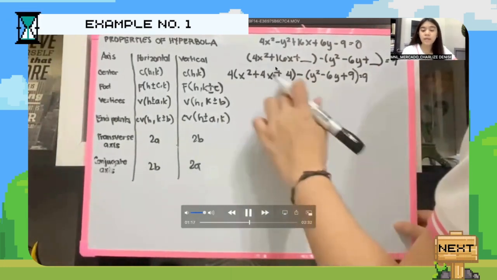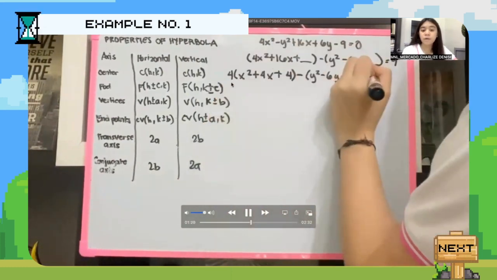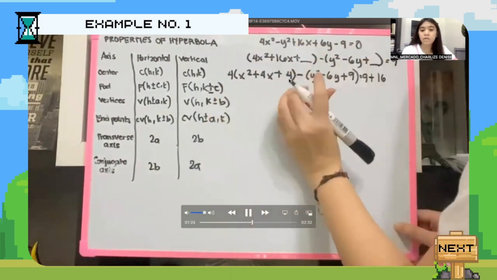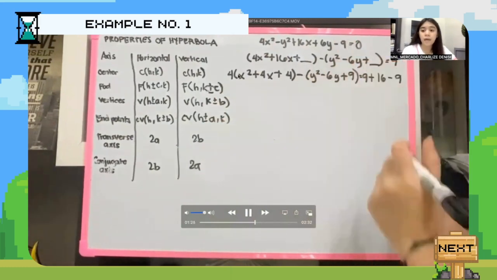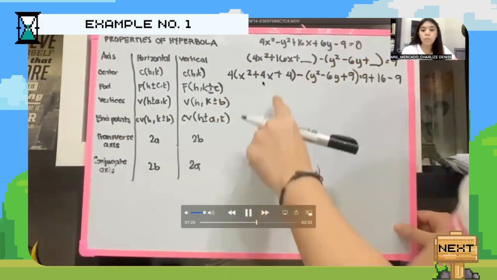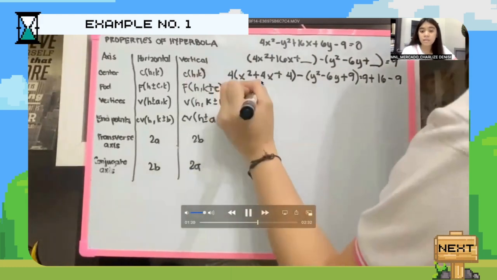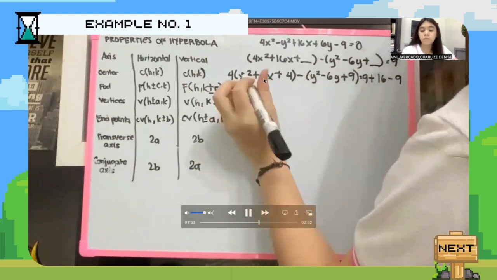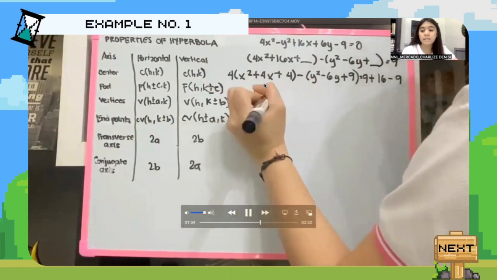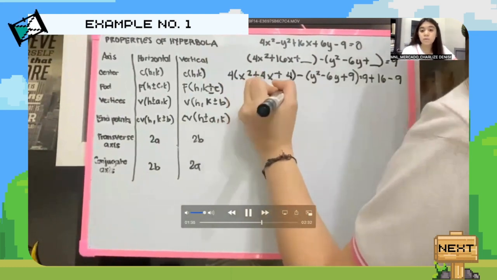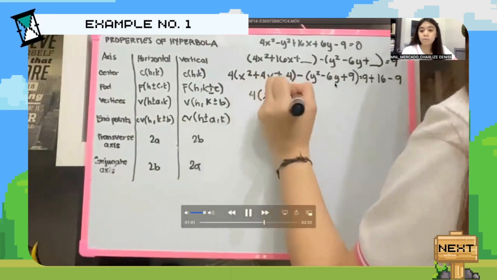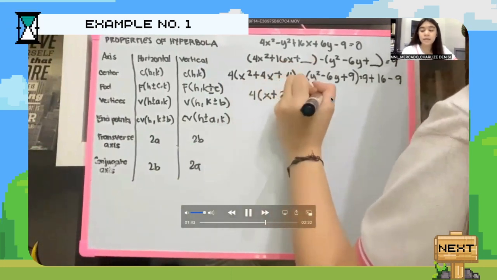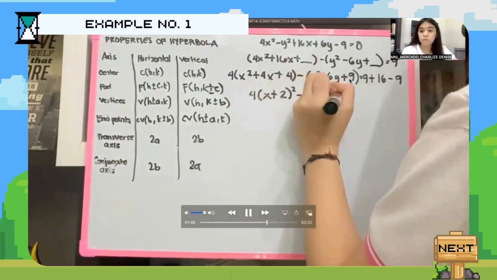So 4x squared, and 16 divided by 4 is 4. In order for us to have a perfect square trinomial, we will divide this by 2 and square it. So 4 divided by 2 is 2, squared is equal to 4. And 6 divided by 2 is 3, and 3 squared is equal to 9.